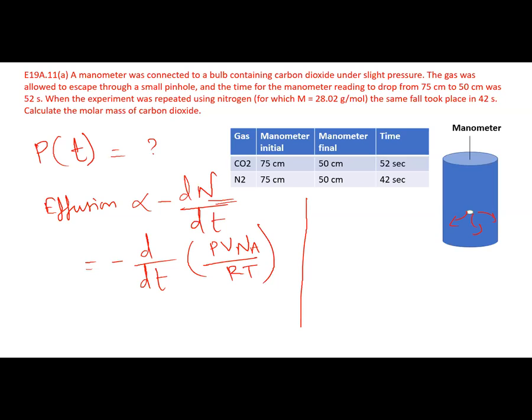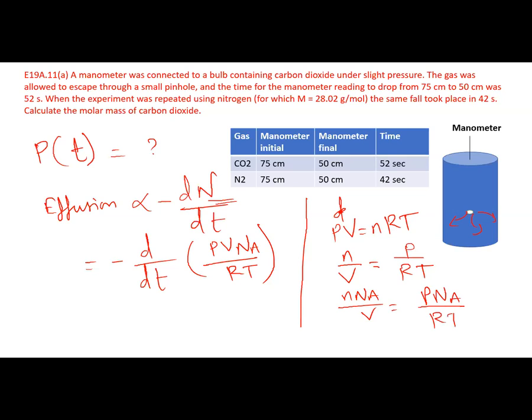If it gets confusing, let's solve this here. Let's start with the ideal gas law equation, PV is equal to nRT. Then I make it N over V is equal to P over RT. I multiply both sides of the equation with the Avogadro number so that this becomes the number density.